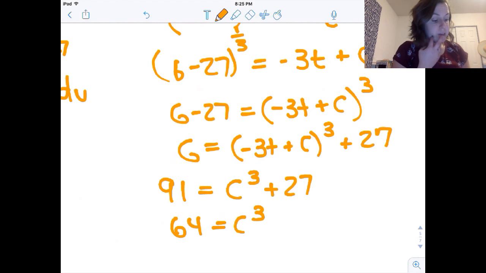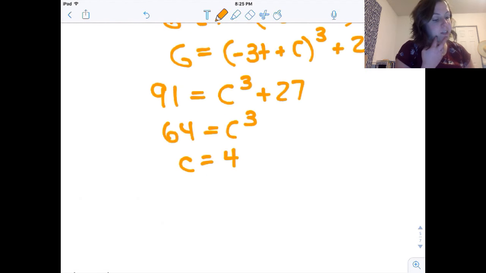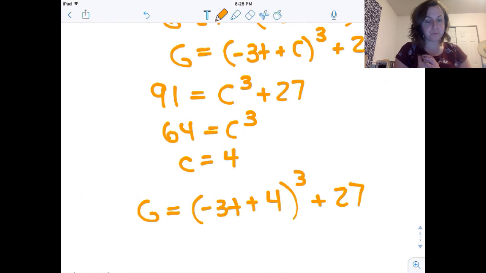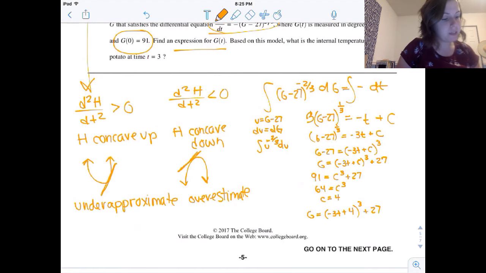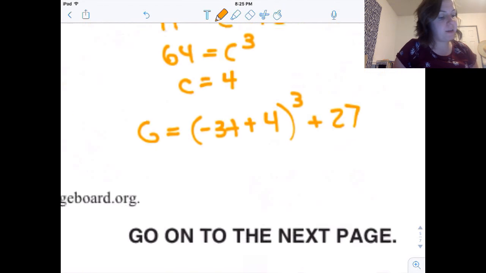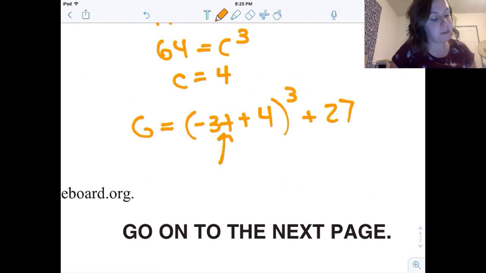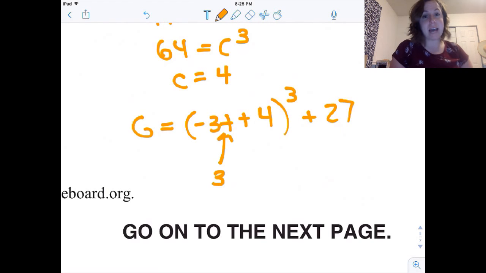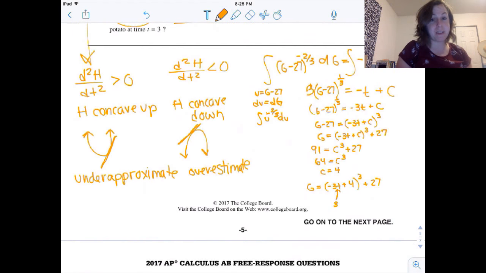So my particular solution here is g equals (negative 3t plus 4) cubed plus 27. That was most of the points. Based on that, find a value at 3, so then you would substitute it, okay? You just have to recognize what it's asking, which is really the same as the other problems we've done. It's saying, find a tangent line, find the particular solution.